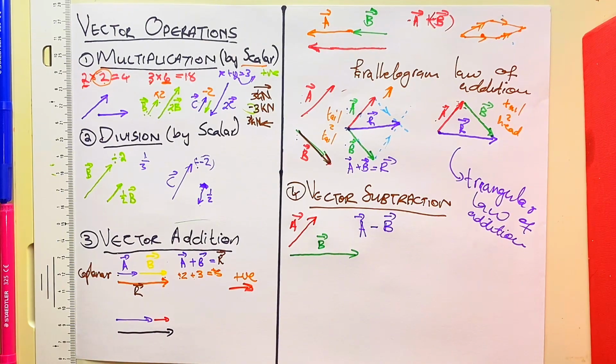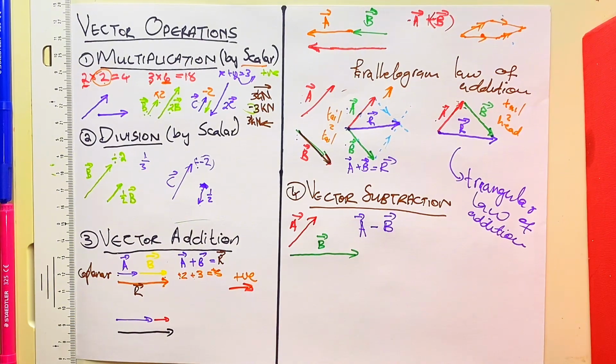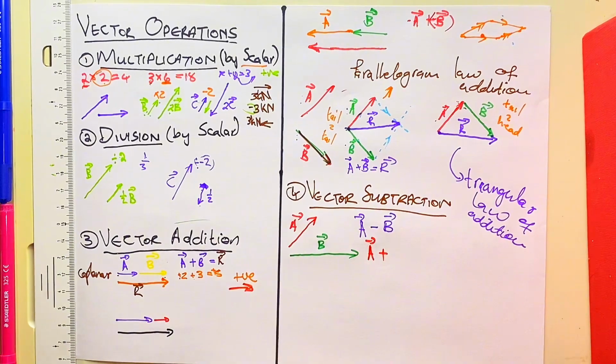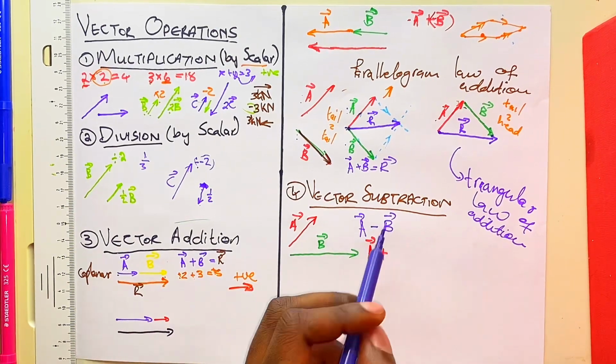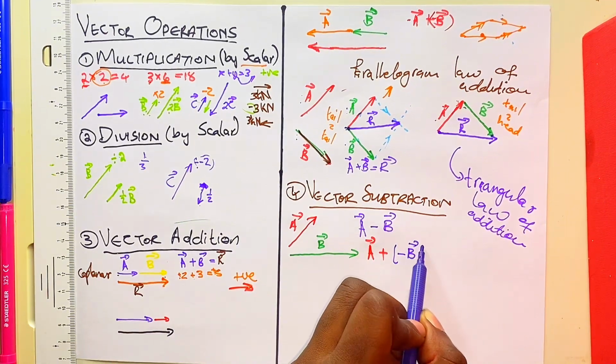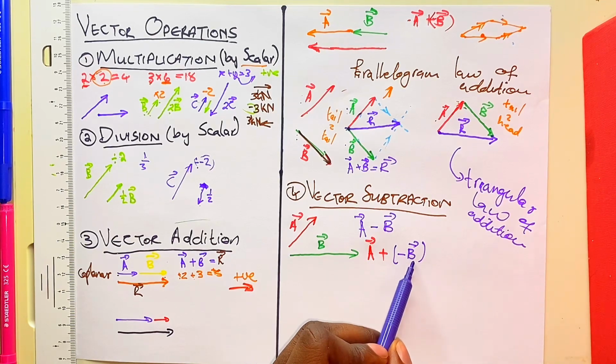The first thing that we are going to do is to separate B from this negative sign. So we just take it as if our A is being added to a negative B. So instead of just saying A minus B, we are going to separate it and say, no, we are actually adding a negative vector.